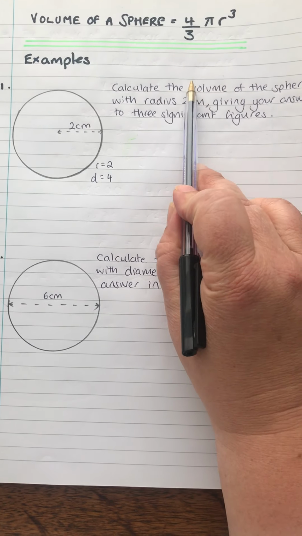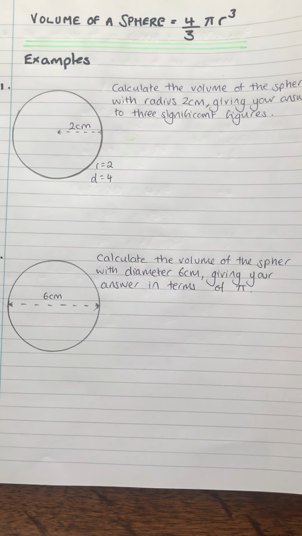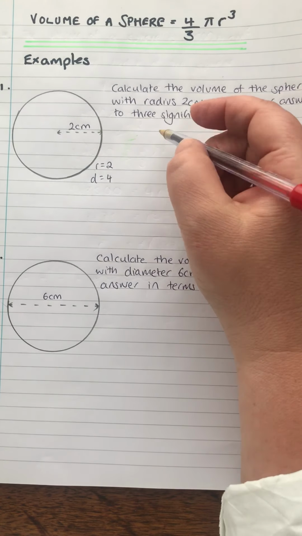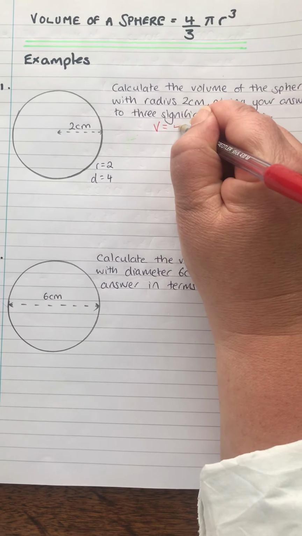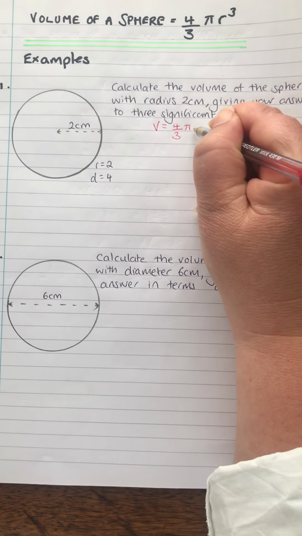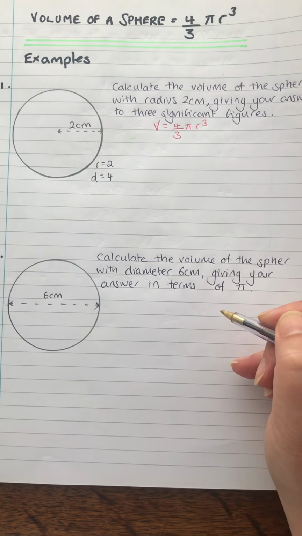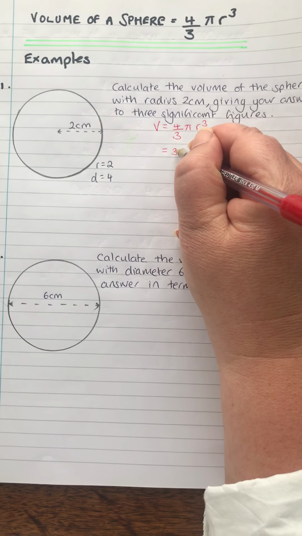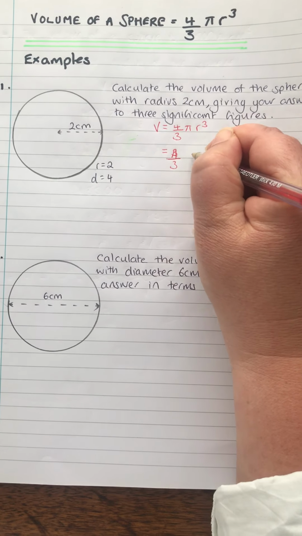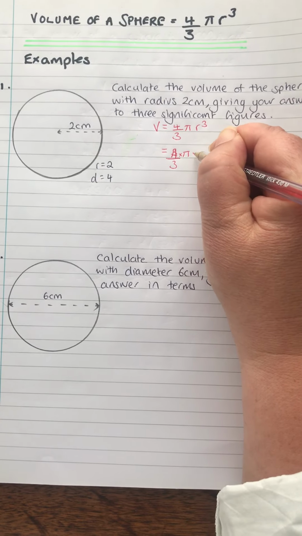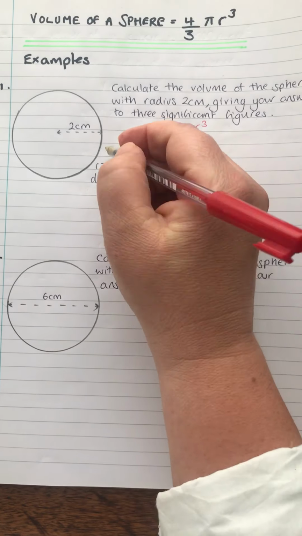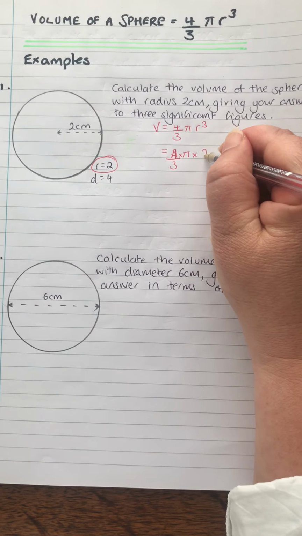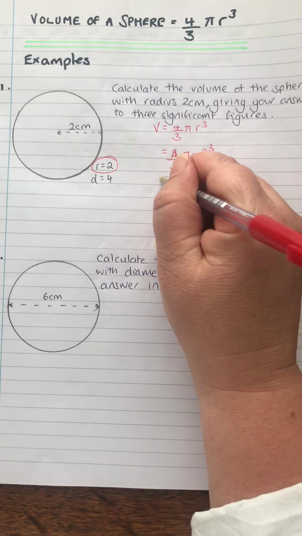We're looking for the volume of the sphere. So the first thing I'm going to start with is writing out the formula, 4/3 pi r cubed. Then we can fill in what we know. We have 4/3 times pi, and my r given to me is 2 cubed.